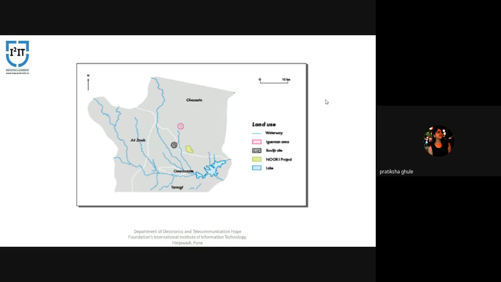Then here in greenish yellow, this project is divided into three phases, where the first phase was already installed in 2015. There is not enough space for installing the second and third phase, so we need not consider that area.